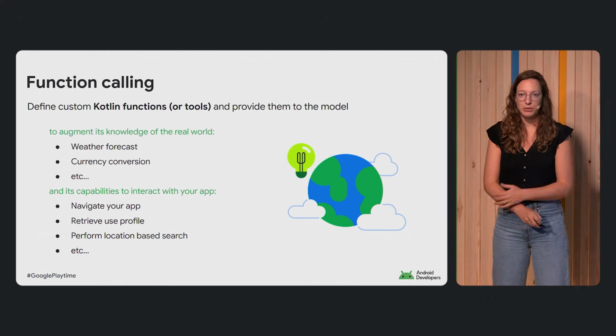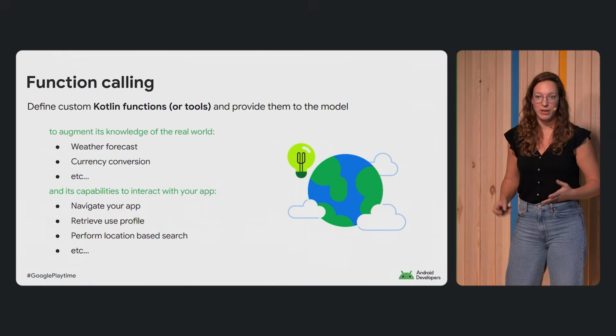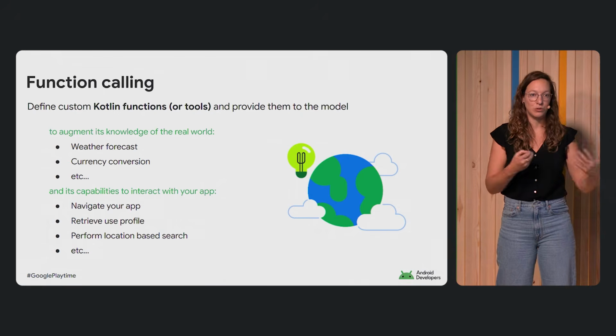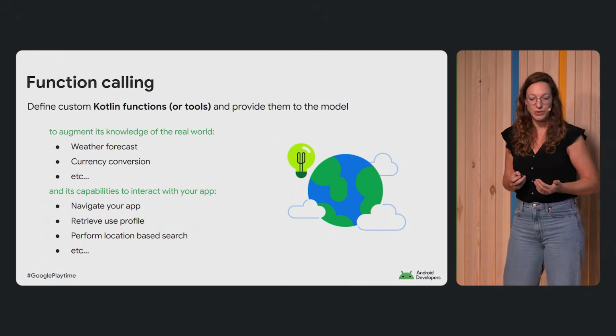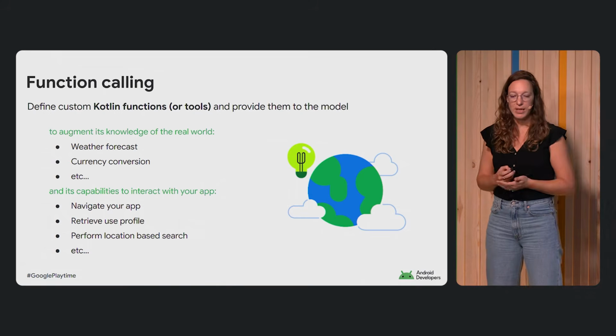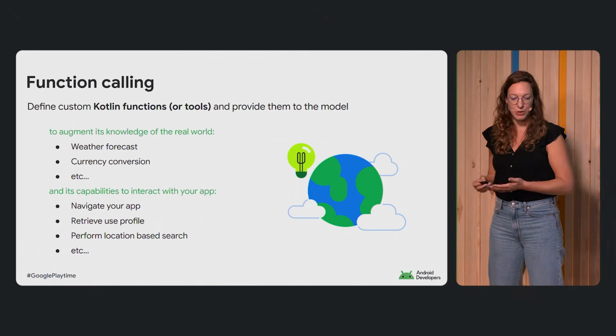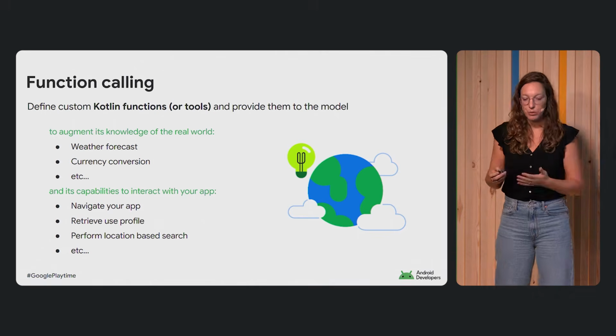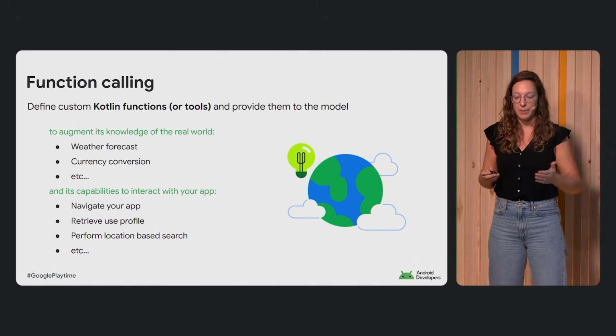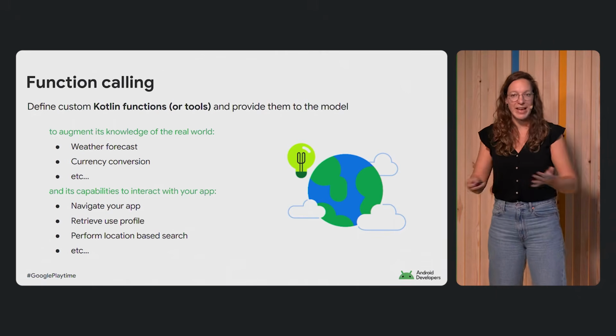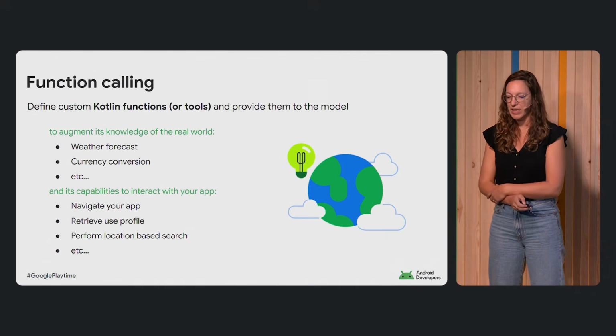Now, there are several different reasons why you would want to do function calling. For example, you can use it so that the model can request certain information about the world, to augment its knowledge, but it can also interact with your app, for example, to retrieve the user profile or navigate throughout the app. And this is also where the adding and removing comes from.